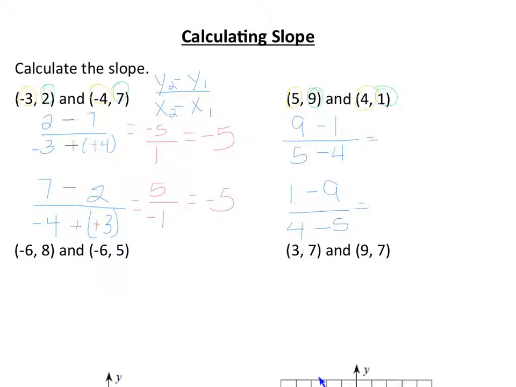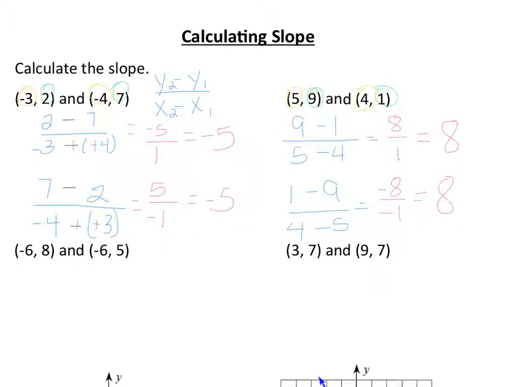And the reason it doesn't matter is because 9 minus 1 is 8, and 5 minus 4 is 1, which we know we can simplify to 8. 1 minus 9 is negative 8. 4 minus 5 is negative 1. Signs are the same, your answer is positive, and you get positive 8. So in either case, we ended up with 8.